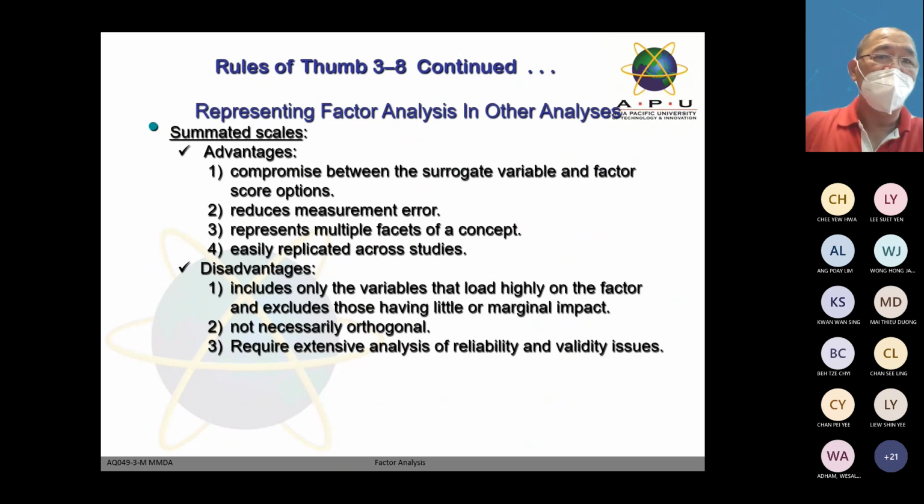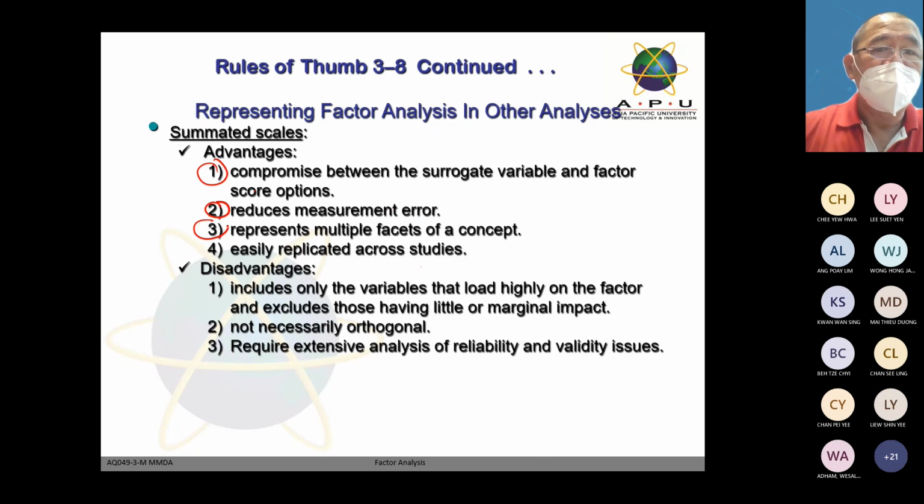The third, the summated scale, is in between. It is a compromise between the single variable and the factor score option. It can reduce measurement error as compared to the single variable.